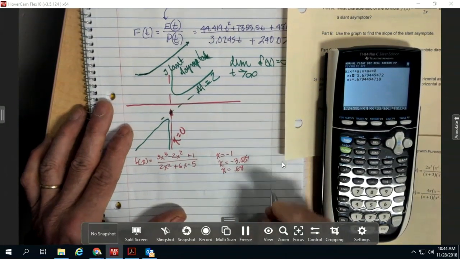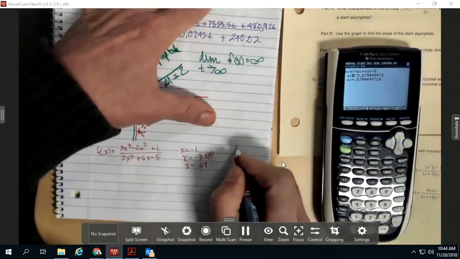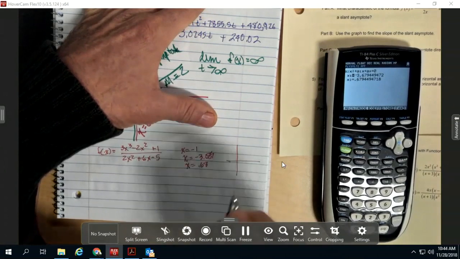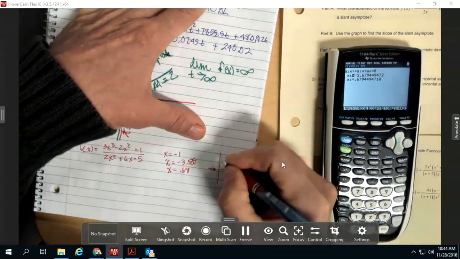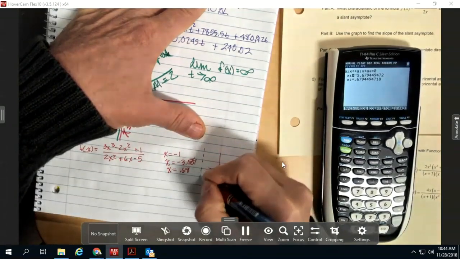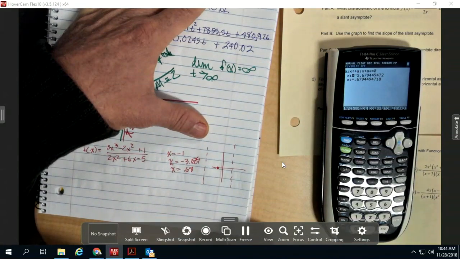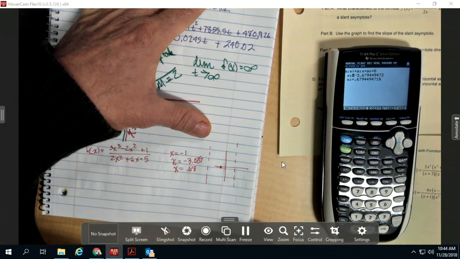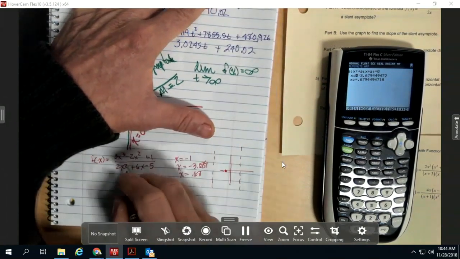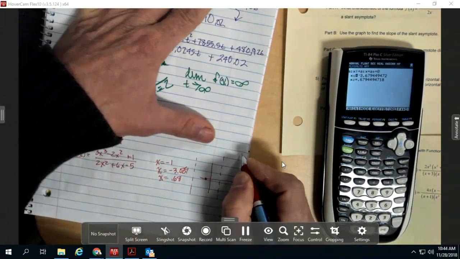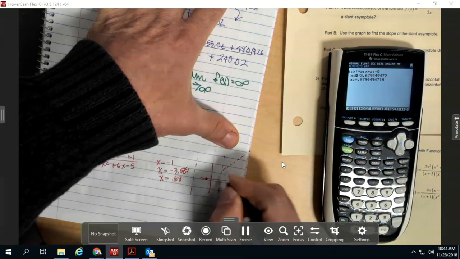I guess it was -0.368. So now when I graph this one, I have a 0 at -1. I have an asymptote at -3, an asymptote at positive 0.68. I've got a slant asymptote that has a slope of 3/2.